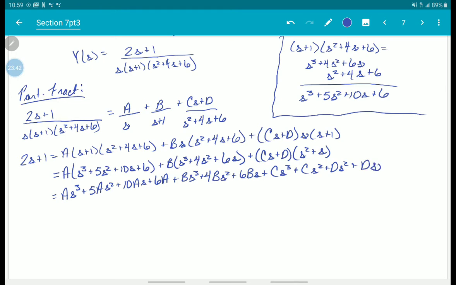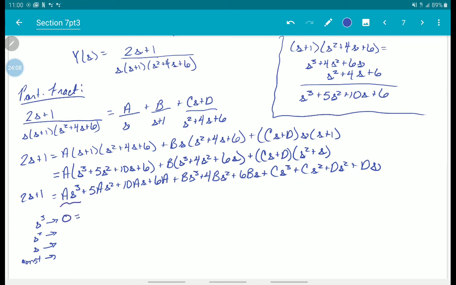I have that. So let's come up with that system of equations. Remember, this guy's equal to 2s plus 1. So we have coefficients for s cubed, s squared, s, and then that constant. If we look at coefficients of s cubed on the left and on the right, on the left we have 0.